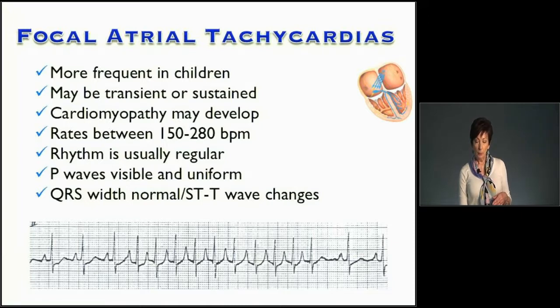The QRS width is normal, and the ST and T wave may be distorted. Well, the T wave definitely will be distorted, and it depends on how fast it is. If it's not so fast, where the P doesn't really marry into the T wave, then you may not see the distortion, but typically they are on top of one another.